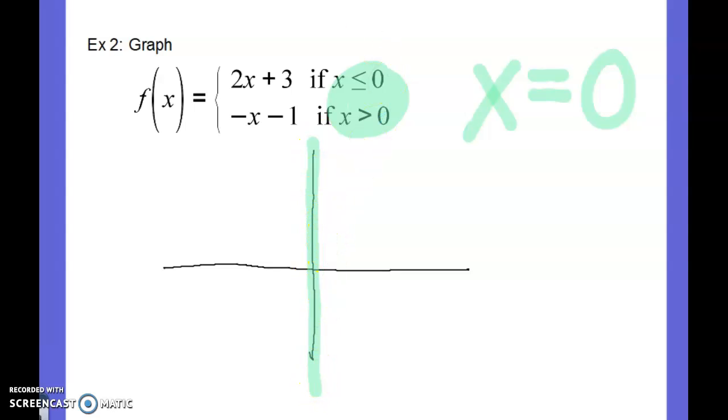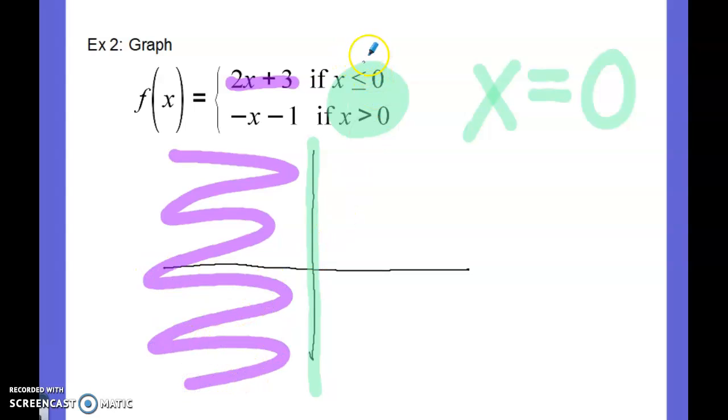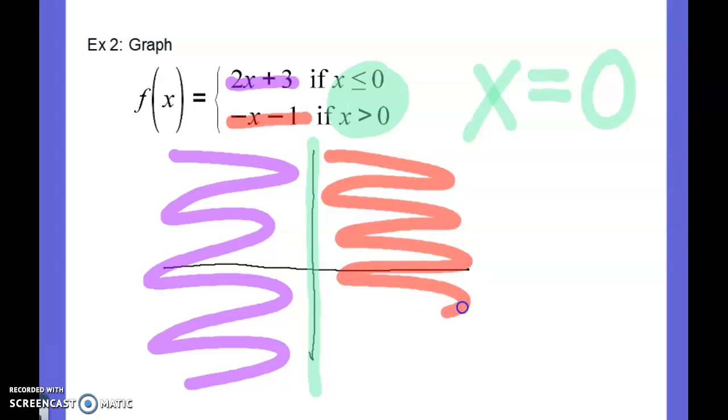And so what happens is we have two different pieces. I think I used purple for the top piece. These are to the left of 0. So somewhere over here is where we're going to graph values that are to the left of 0. And then this equation is greater than 0, so to the right of that constraint.